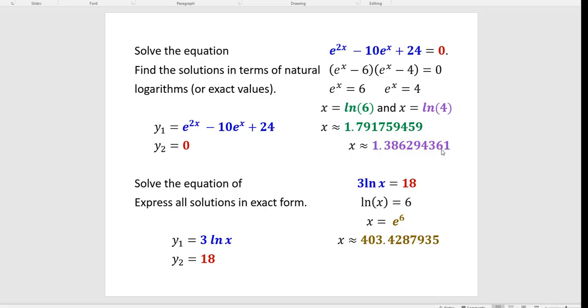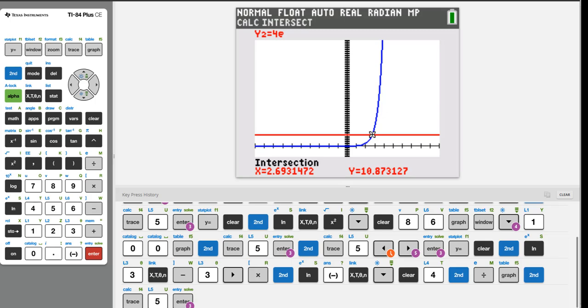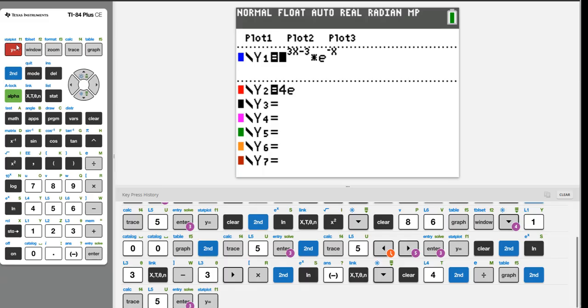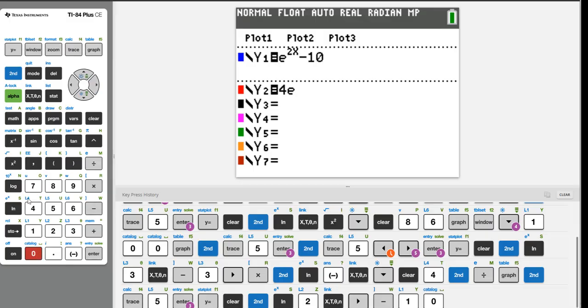To verify this first set of answers on the TI-84 calculator, press y equals. Press clear to clear y1. Press second and the e to the x power key. Type in 2, x, and press the right arrow. Type in subtraction 10.